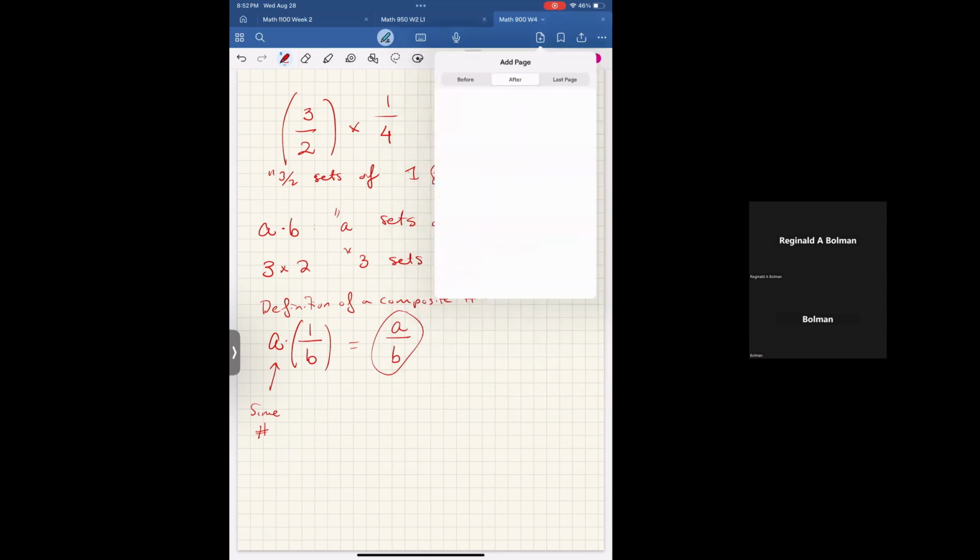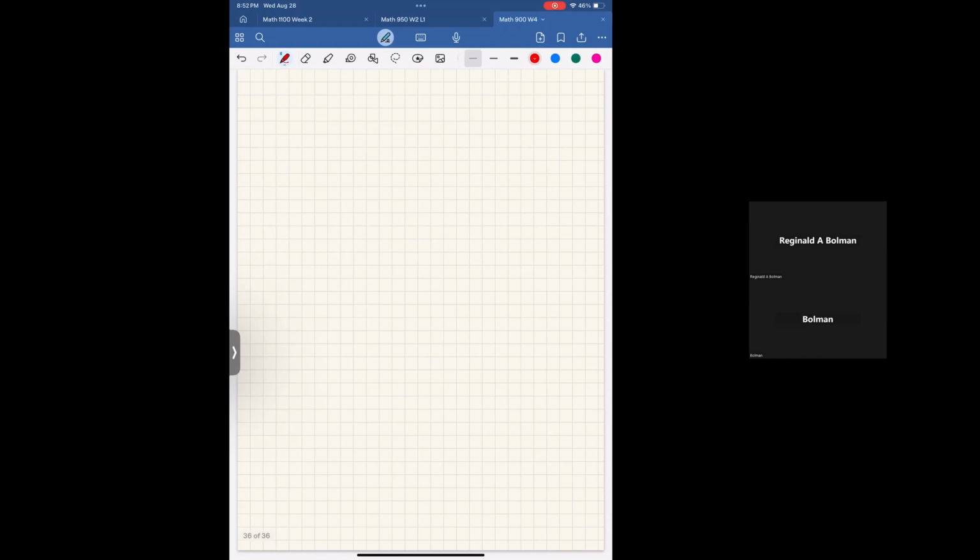But how does that help us here? Well, we're going to pick a number a, pick a number b, and then increment a and try to look for a pattern. So I'll pick an easy a, I'll pick 1, and an easy b value, I'll pick 5.